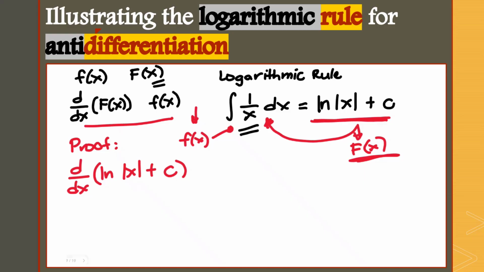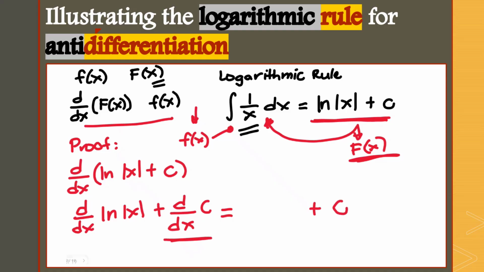Now, take note here that we can apply the rule for sum and difference, so we can break that up. You have the derivative of the natural logarithm of x with respect to x plus the derivative of c with respect to x, which for the second term is obviously 0. The derivative of any constant with respect to the variable x is actually 0.